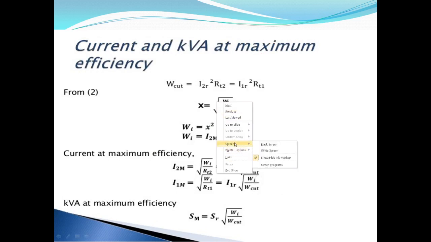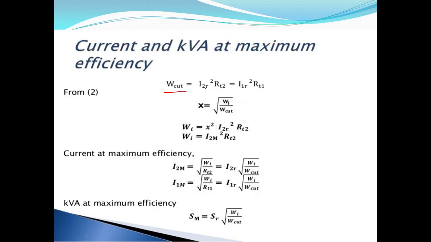A few relationships we need to know in the transformer. The copper losses are I2 square into R, where R total refers to the secondary side. This suffix references the secondary side. If it is the primary side, it is the primary side current squared into the total resistance referred to the primary side.